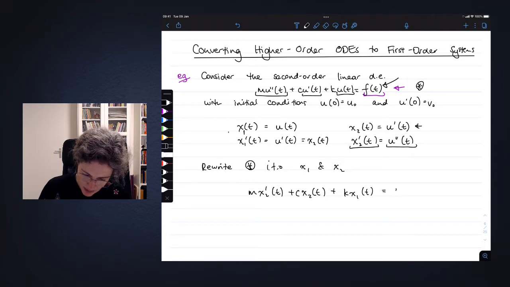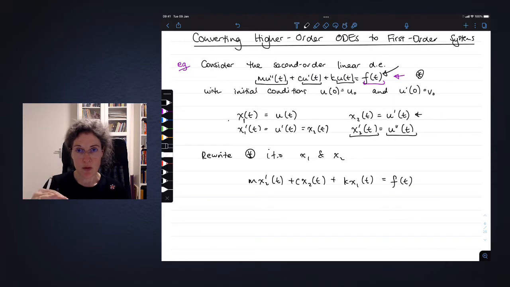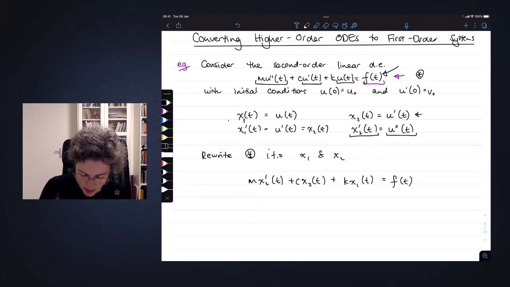And that's going to be f of t. So if I divide through by m and do a reorganization so that I just have my x2 dashed of t on the left and everything else on the right, what we get is x2 dashed of t is equal to minus c over m x2 of t minus k over m x1 of t plus f of t.